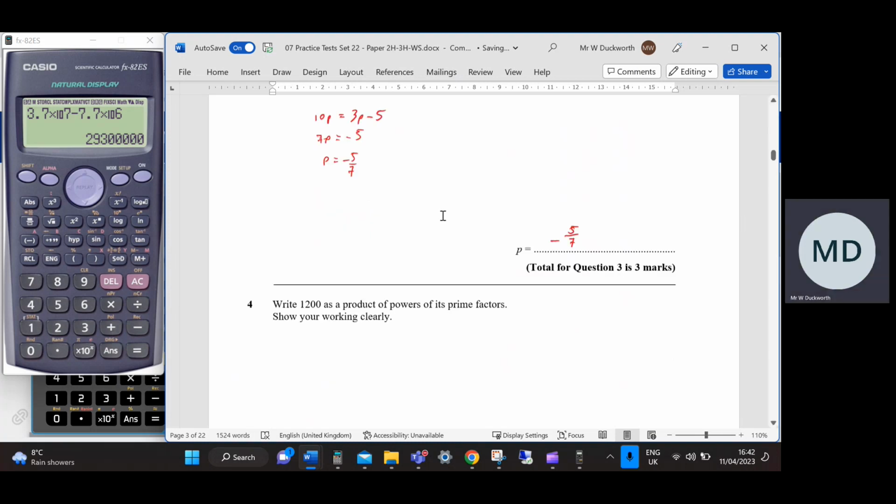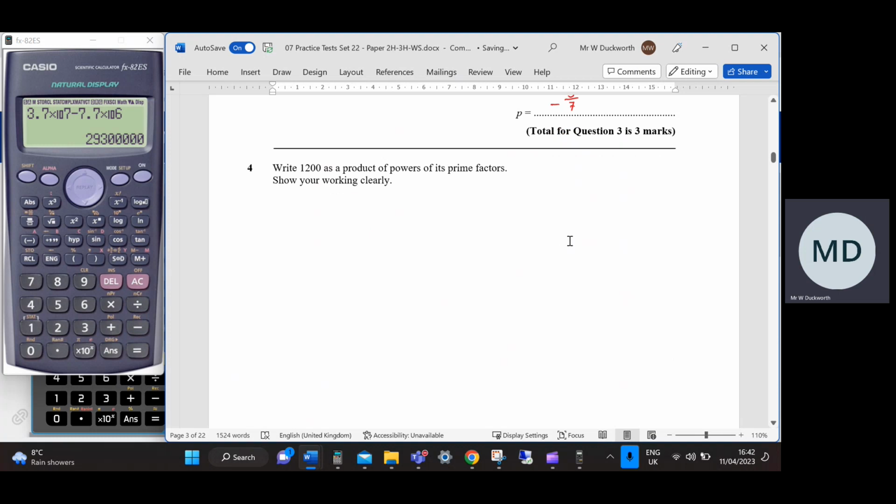Okay, question 4 then. Write 1,200 as a product of its prime powers. Show your working clearly. Okay, so in effect, it's pushing you at a factor tree. I tend to always take 2 out as my common factors, so we'll do it that way.